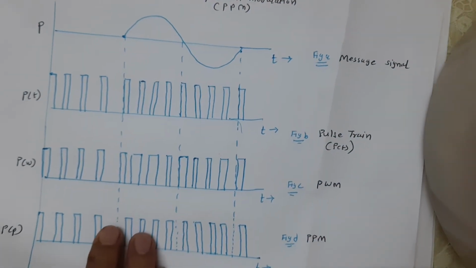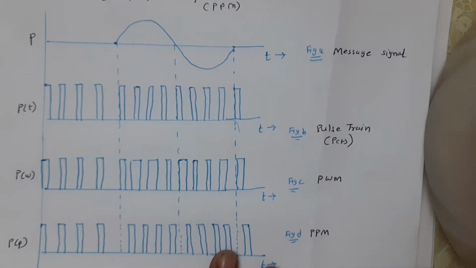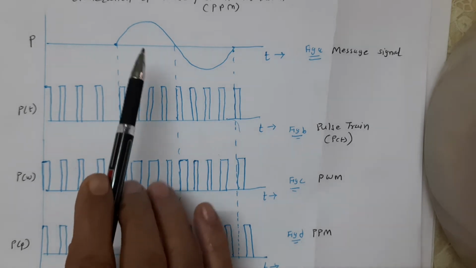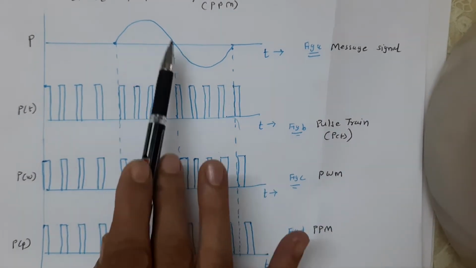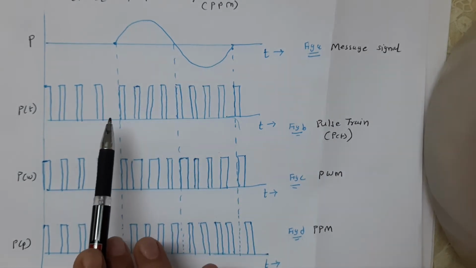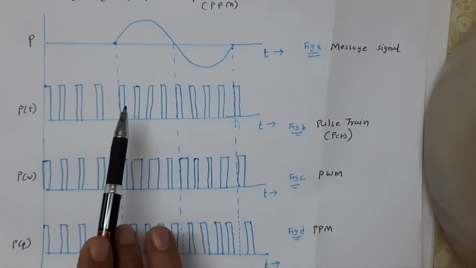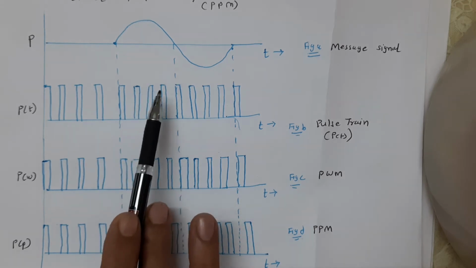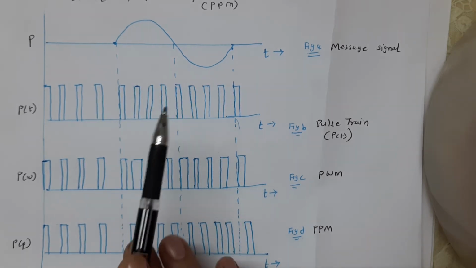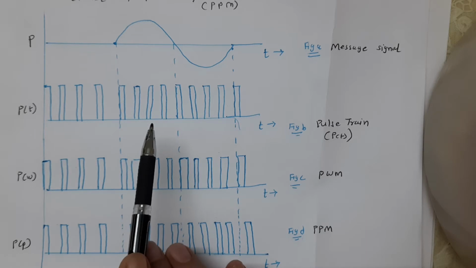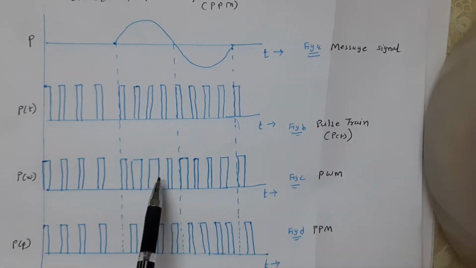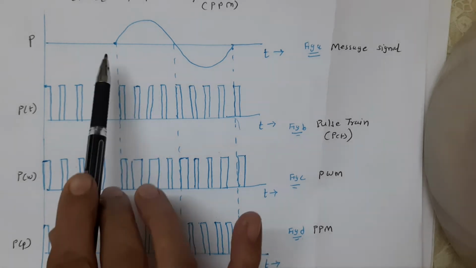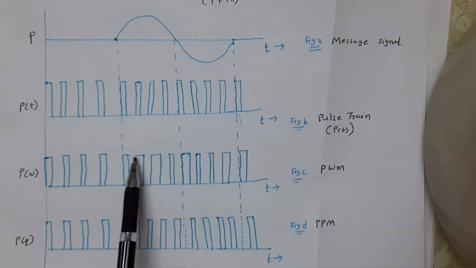This is your figure. I have already drawn this figure. This is our message signal, a simple sine wave. On this message signal, this is our pulse train. We want to modulate these two waveforms to generate pulse position modulation. First of all, we get the pulse width modulation. See, when the message is coming, the width is changed.